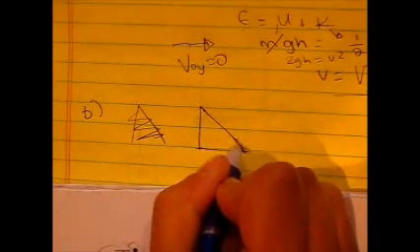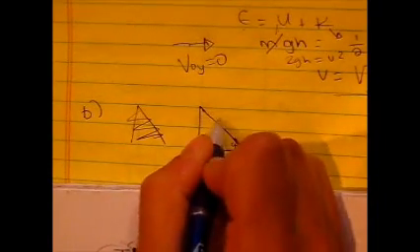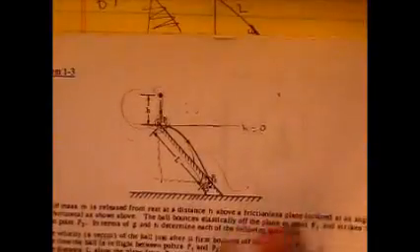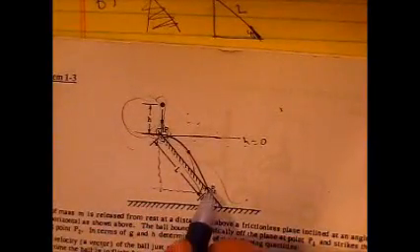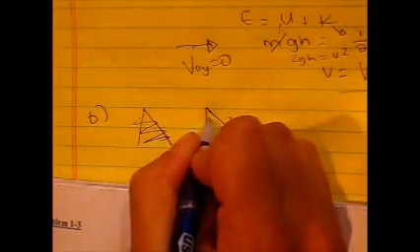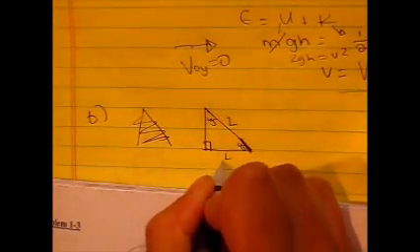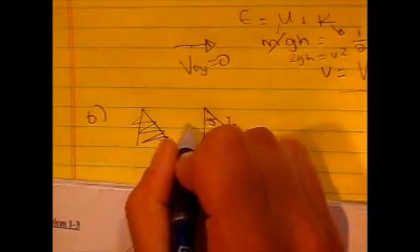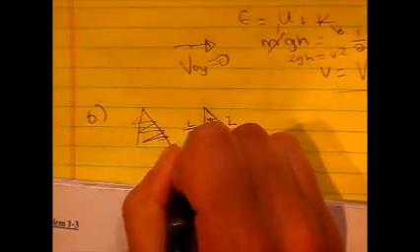Let's say this is 45 degrees, and this is L, just like they said. That means that this is a 45-45 right triangle. So this is L over rad 2, and this is L over rad 2.